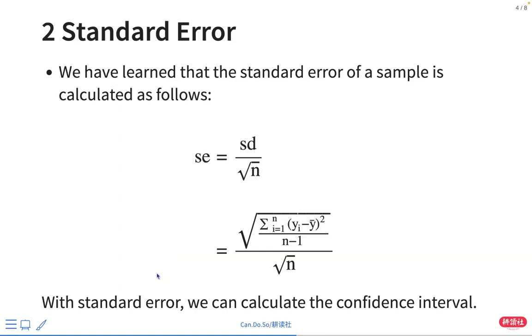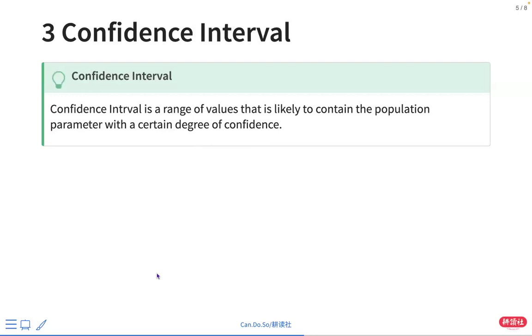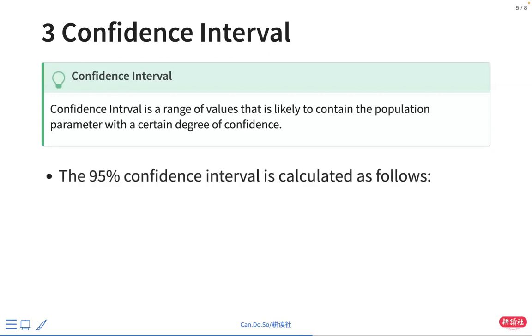With the standard error, we can calculate the confidence interval. A confidence interval is a range of values that is likely to contain the population parameter with a certain degree of confidence. So the 95% confidence interval is calculated as follows.